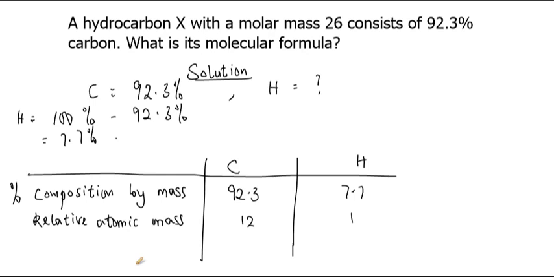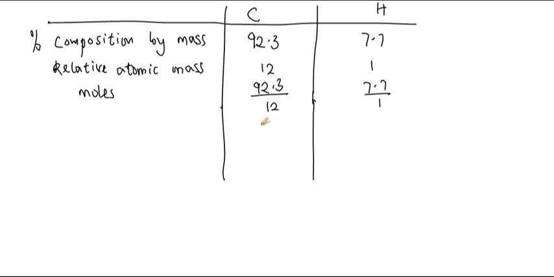Moles is mass over molar mass, but since we are dealing with each of the elements, we'll be working with the relative atomic mass. So we divide: 92.3 divided by 12, and 7.7 divided by 1. For carbon we have 7.7, and for hydrogen we have 7.7 as well.